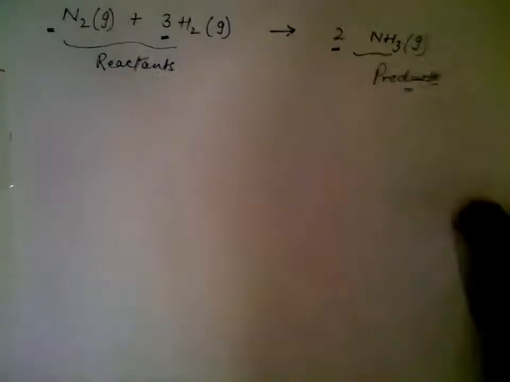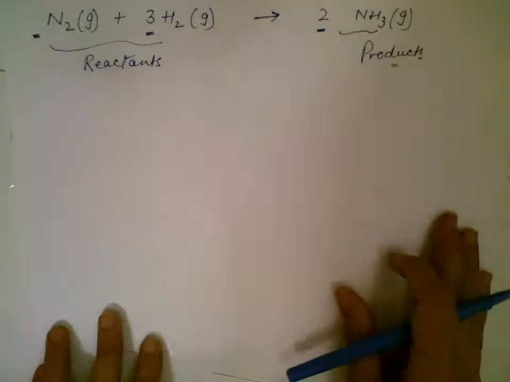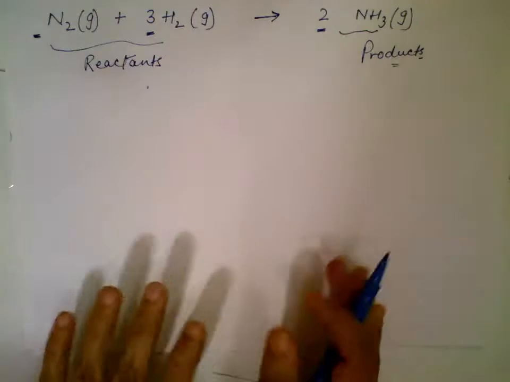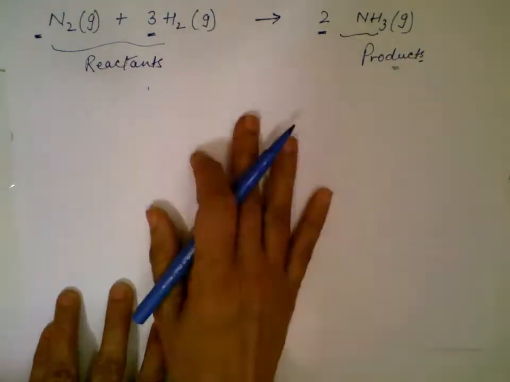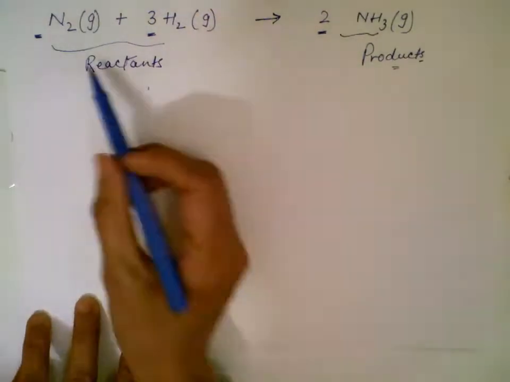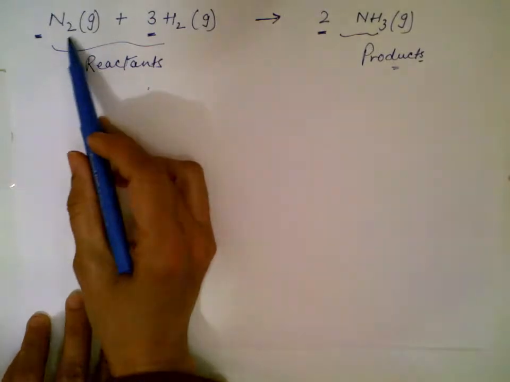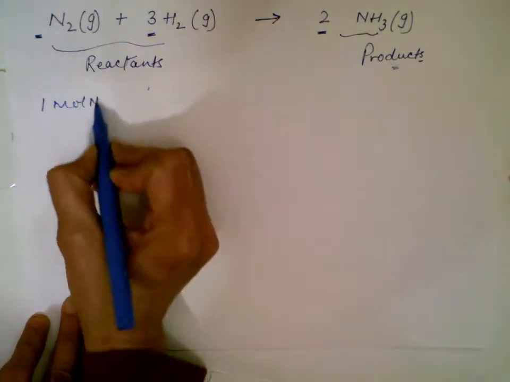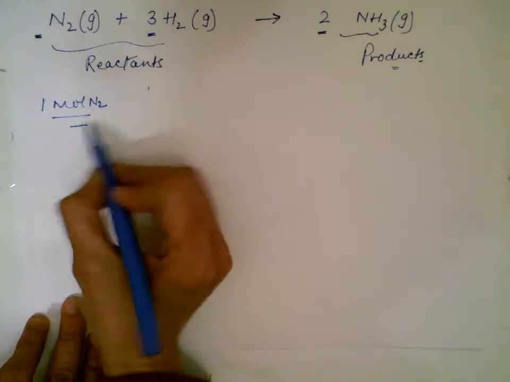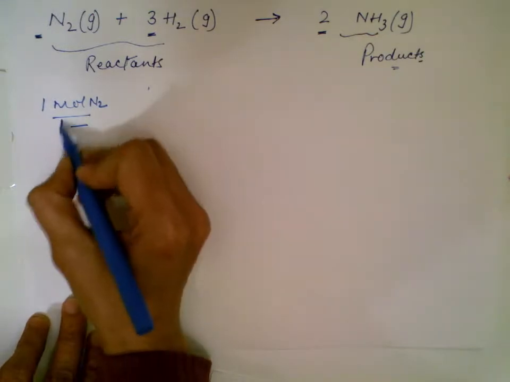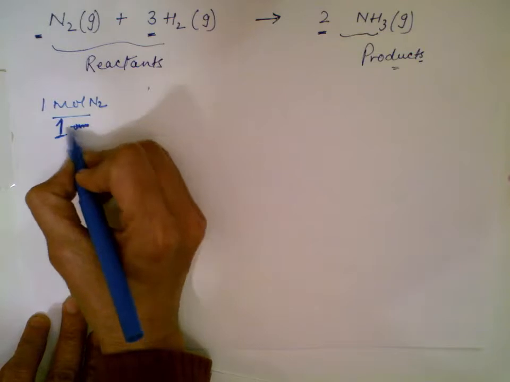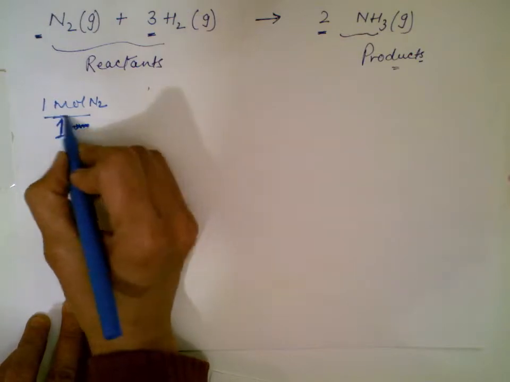Here is the same equation. This side reactants, that side products. This lesson has already been done before, but I'm still explaining this again. You start out with what is given. So what is given here is 1 mole of nitrogen. Now I'm going to put 1 in the denominator. This 1 is unitless, so it's not going to make any difference in your answer.